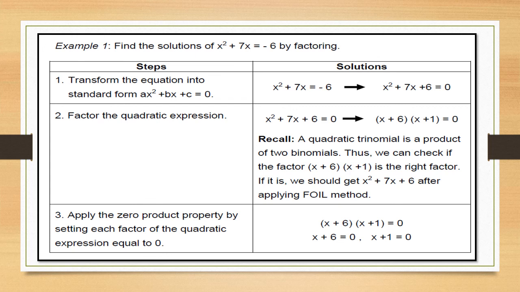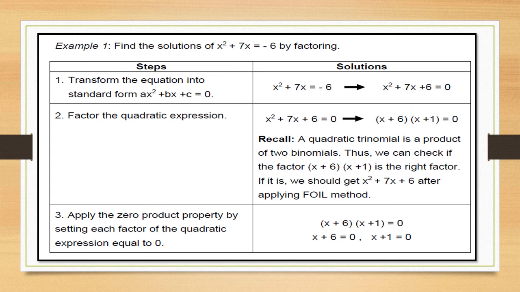First, transform the equation into standard form. So we have here x squared plus 7x plus 6 is equal to 0, the standard form. Then factor the quadratic expression. We have here quantity of x plus 6 and quantity of x plus 1 is equal to 0.